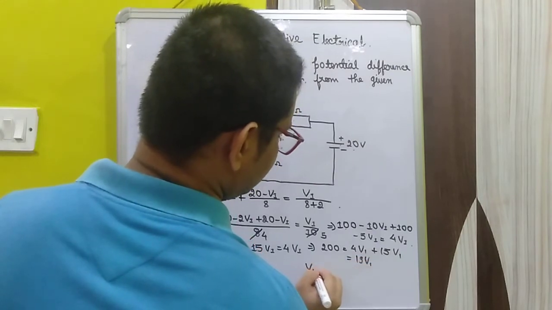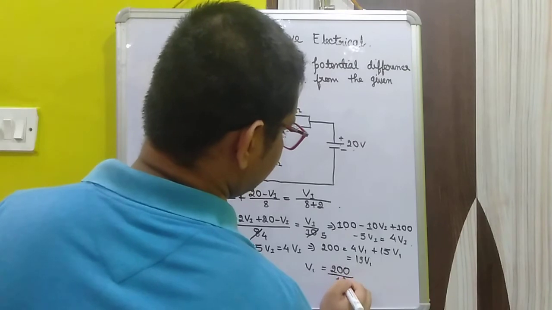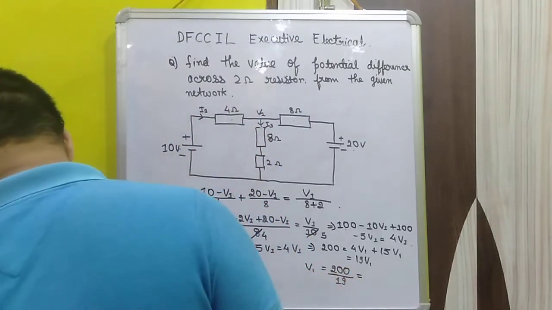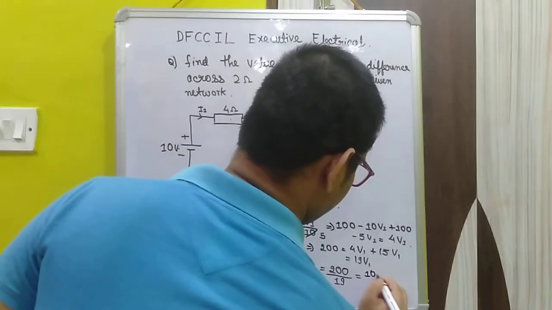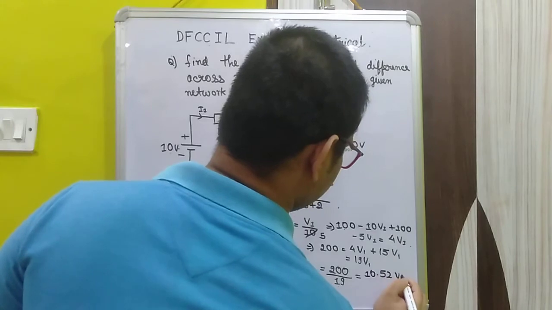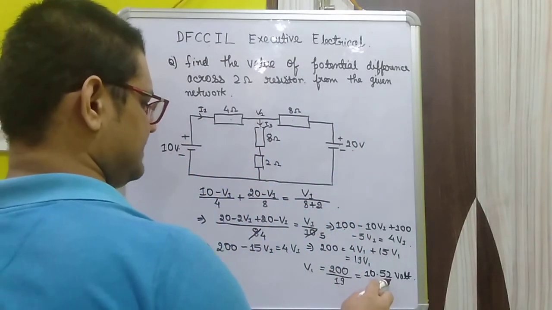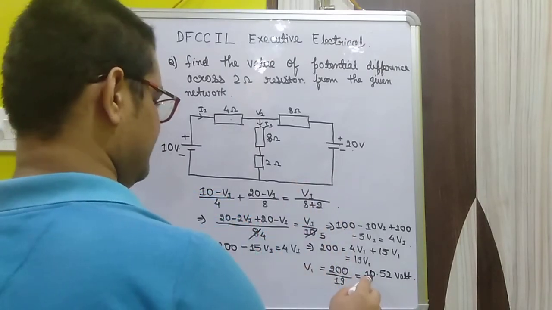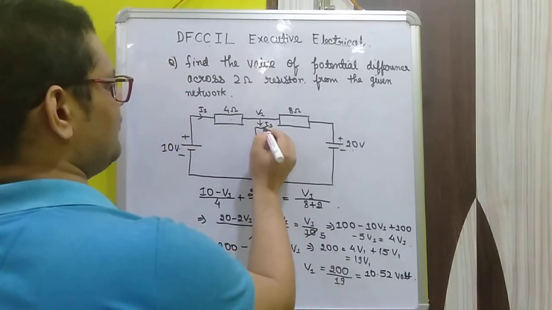So the value of V1 is 200 divided by 19. We divide 200 by 19 and get the direct answer, that is 10.52 volt. I hope it's clear how we have calculated the value from this equation. Now we have to calculate I3. What is the value of I3?